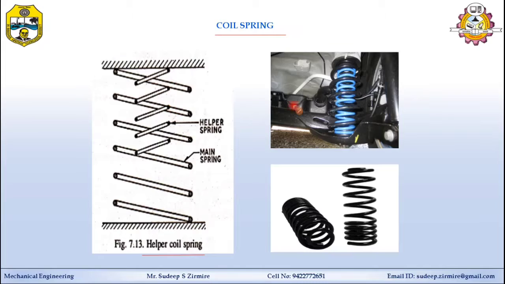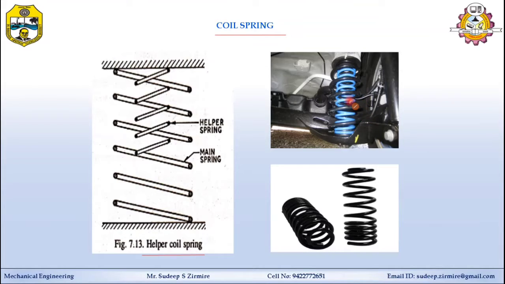The same spring you can see here in blue color is the helper spring, and this black color spring is the main spring. So it increases the progressive stiffness of the spring. It also increases the load carrying capacity of the spring. The best example is the Bajaj Platina, where you can see 2 springs used in the suspension shock absorber.